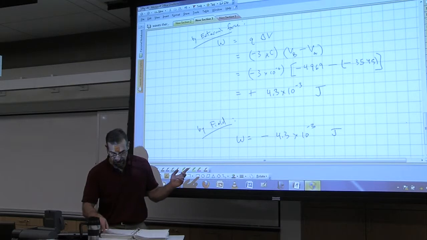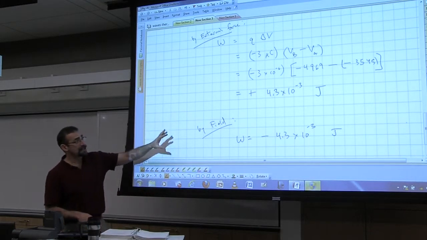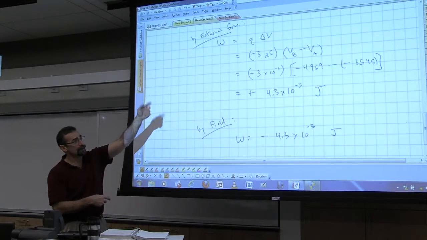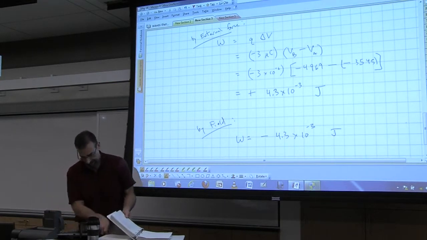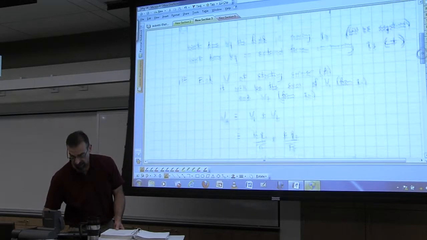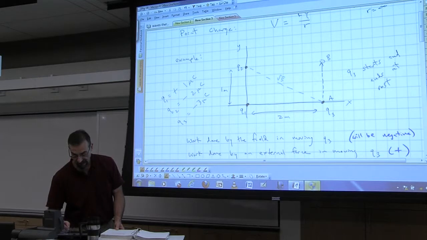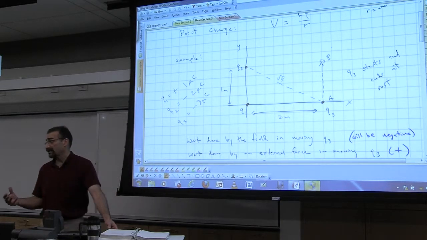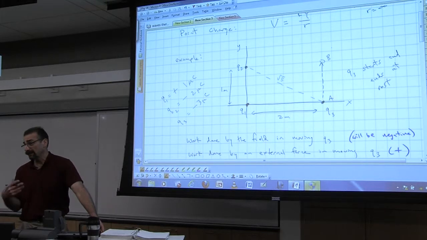Obviously it makes this type of problem easier if you're moving the same charge, or if you're moving different charges from point A to point B over and over again, then you don't want to have to figure out the work done each time. If every time you moved a charge from point A to point B it was a different magnitude charge, you wouldn't want to do that calculation over and over and over again.